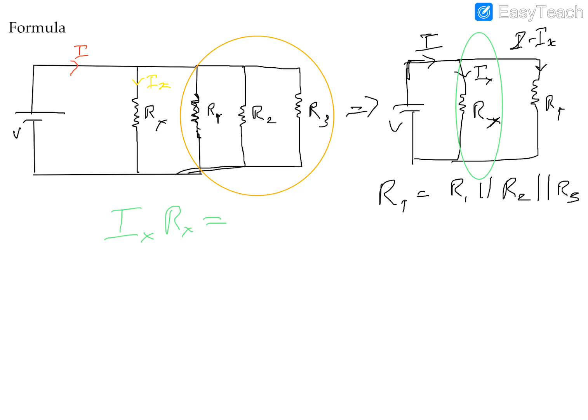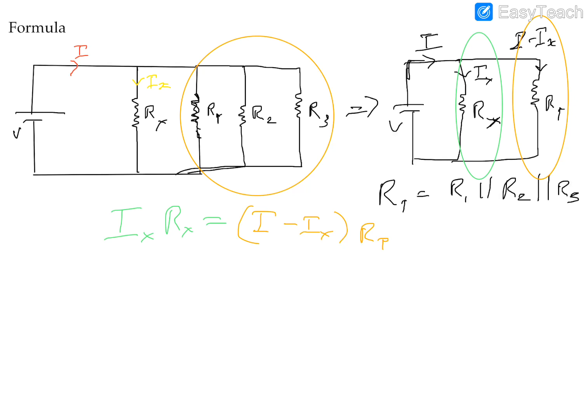I'm going to show it right here. This is my other branch, and it's going to have a current of I minus Ix times RT. Now remember, RT is the equivalent resistance of R1, R2, and R3.